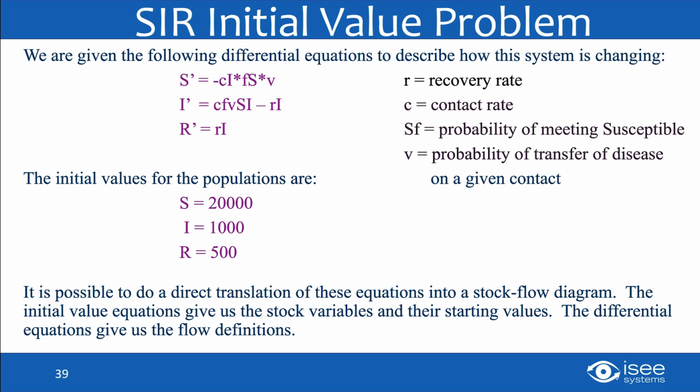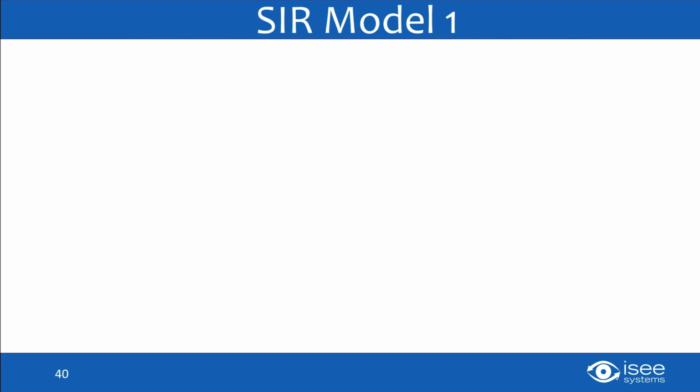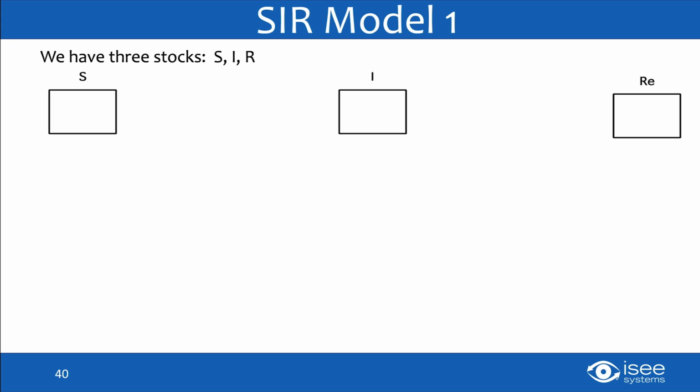Since the system dynamics software is built on an engine that uses numerical methods to solve differential equations, it is a natural application to translate simple differential equations to stock flow diagrams. Each population would be represented by a stock. These are the three stocks.